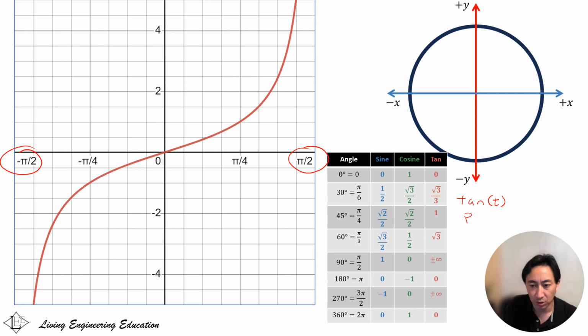This has a period equal to pi. And I know the table is going from 0 to 2 pi, so we'll show that too. But really, we're going from negative pi over 2 to pi over 2 for the time, or the x component, whatever you define as your x-axis piece there.